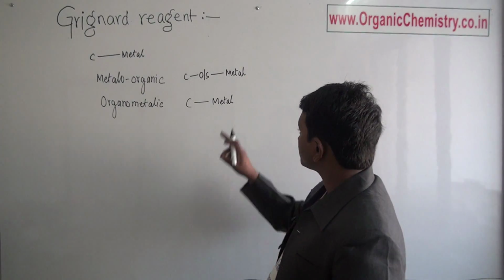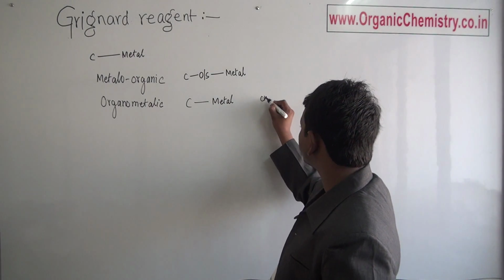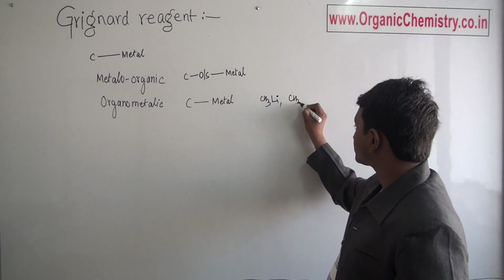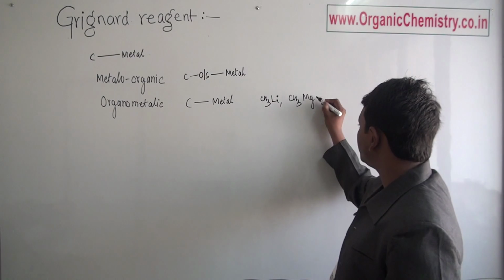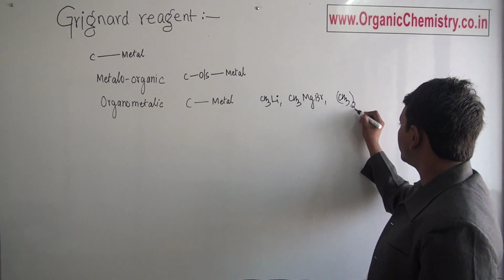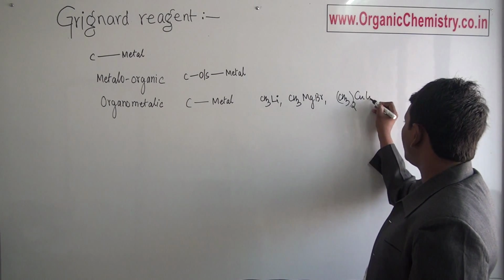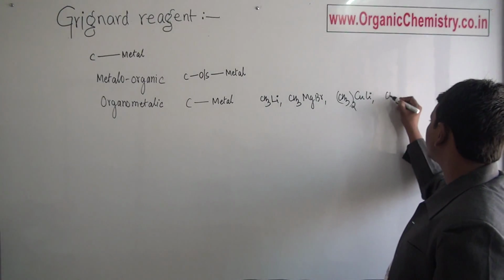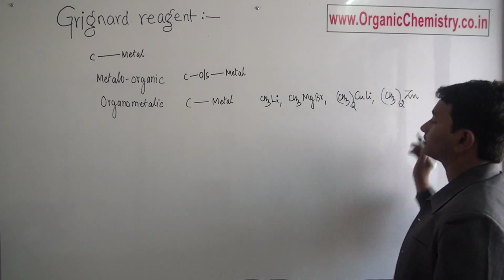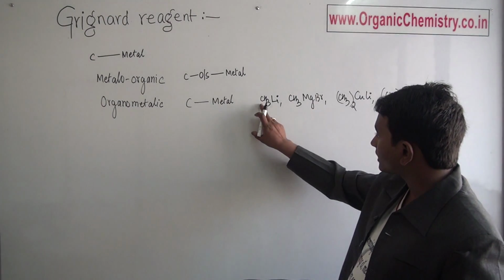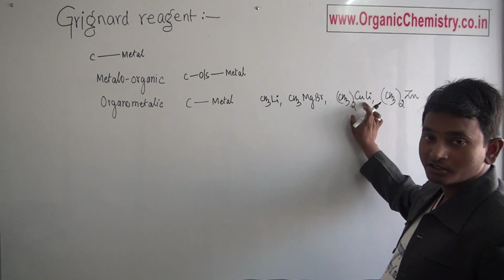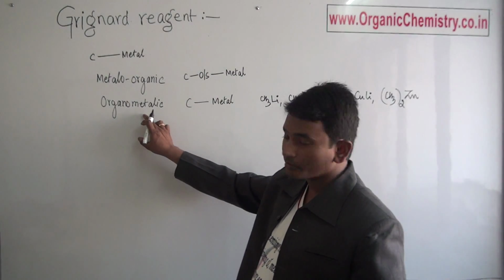Examples of organometallic are CH3Li, CH3MgBr, (CH3)2CuLi, (CH3)2Zn. Here carbon is directly attached with metal, so this type of compound is called organometallic.